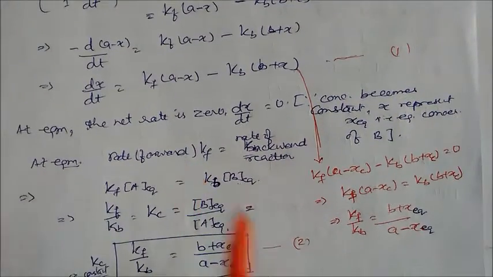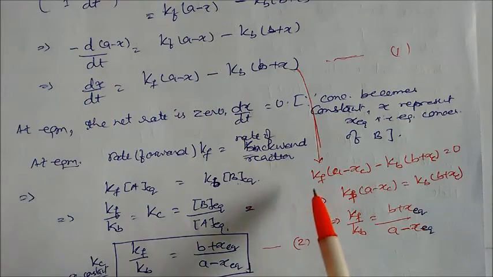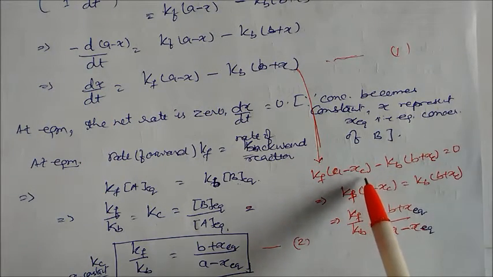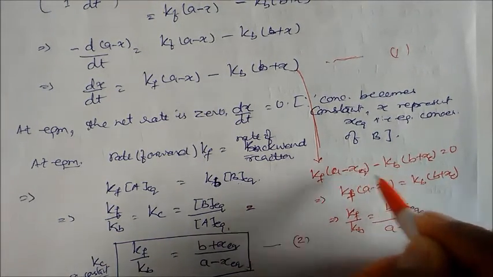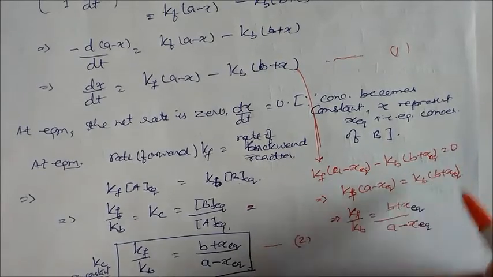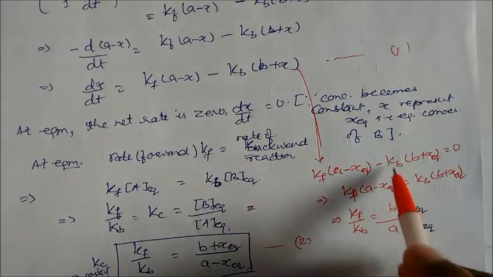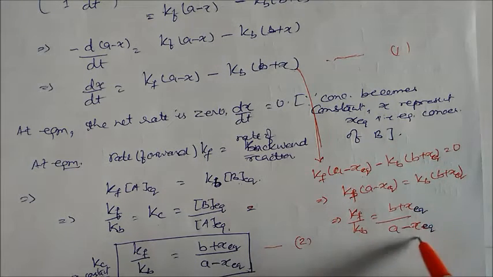From here you can see, if this becomes 0, then Kf into (A minus x equilibrium) equals Kb into (B plus x equilibrium). So Kf by Kb equals (B plus x equilibrium) by (A minus x equilibrium).